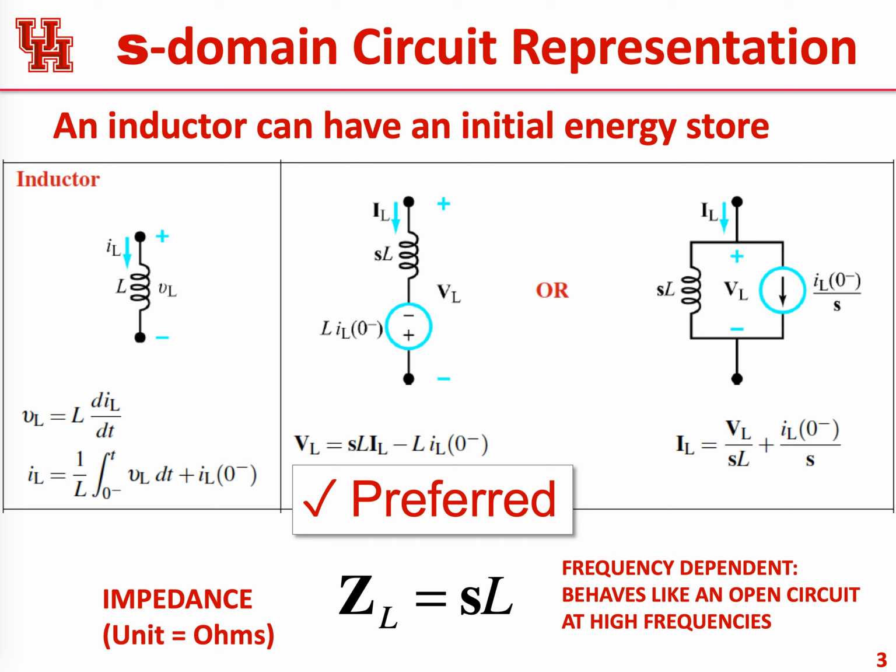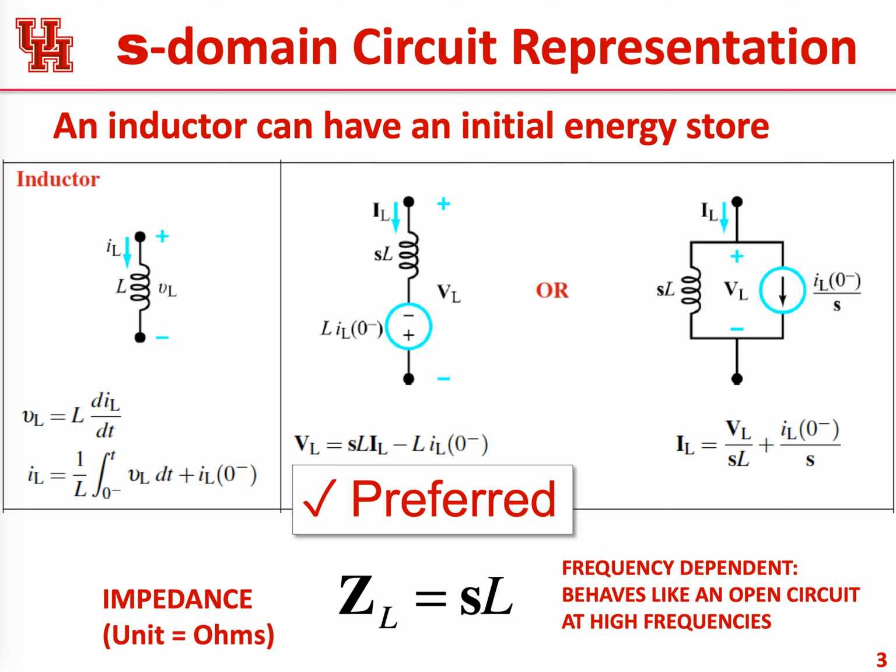This voltage is going to be L times I_L(0 minus). So the initial current through the inductor, which is the initial energy stored in the inductor, is represented by this. This represents the initial condition. So an inductor can have an initial store of energy, and it's essentially represented by this voltage source.